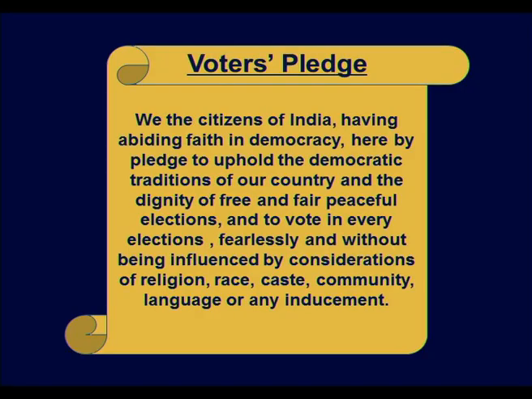Now, let us see what is the Voters Pledge. Children, here is the Voters Pledge. We, the citizens of India, having abiding faith in democracy, hereby pledge to uphold the democratic traditions of our country and the dignity of free, fair and peaceful elections, and to vote in every election fearlessly and without being influenced by considerations of religion, race, caste, community, language or any inducement.